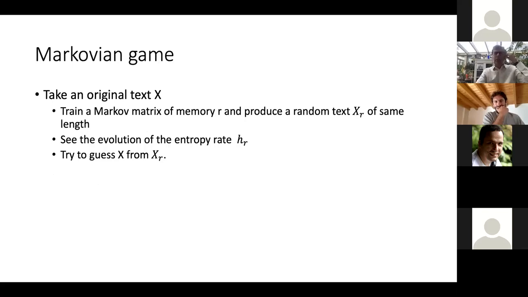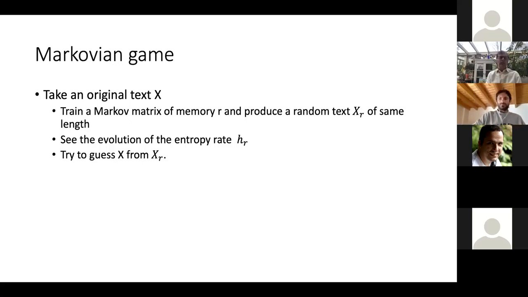Now I'm going to introduce very quickly the generation of text, the Markovian game. You take an original text, X, that you hide. You train on it. Training a Markov matrix is very easy: you just have to enumerate all transitions of memory R. And from this Markov matrix, you produce via a random generator a random text XR of the same length.